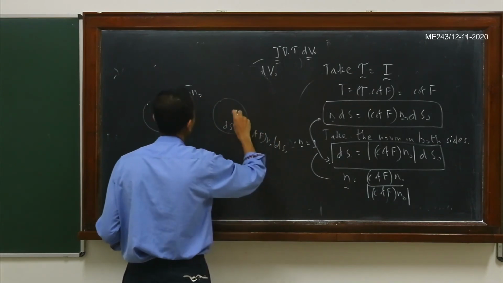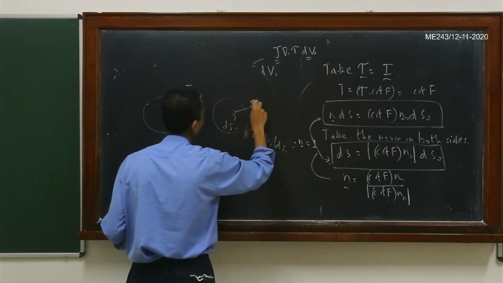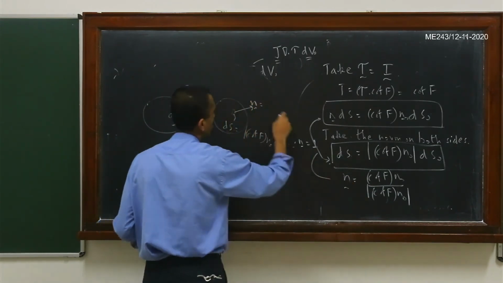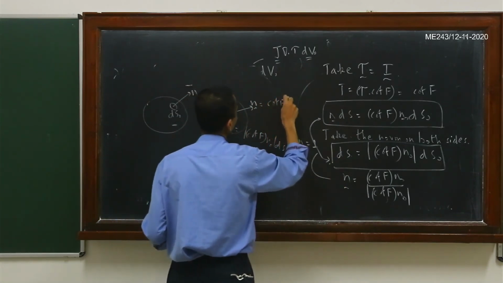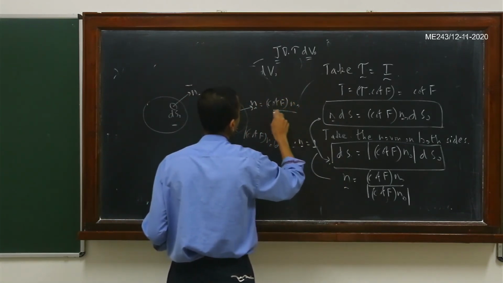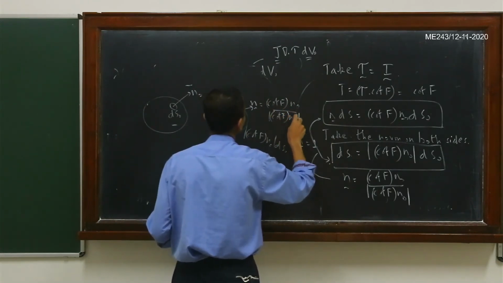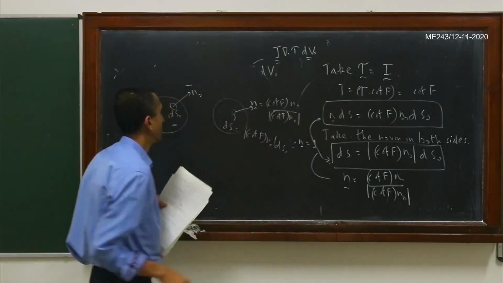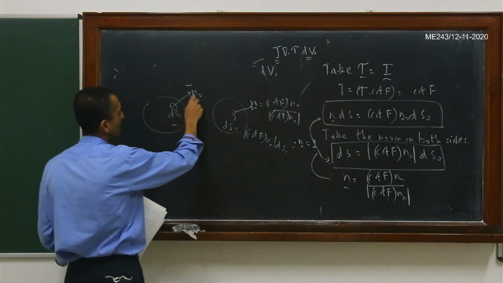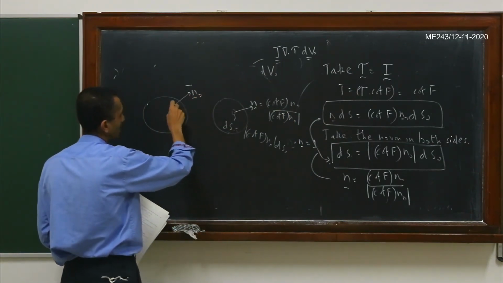And then the normal, this is your n, that is equal to cofactor F times n0 divided by the norm of cofactor F times n0. So we can see that this is the relation between the unit normals at a given point.